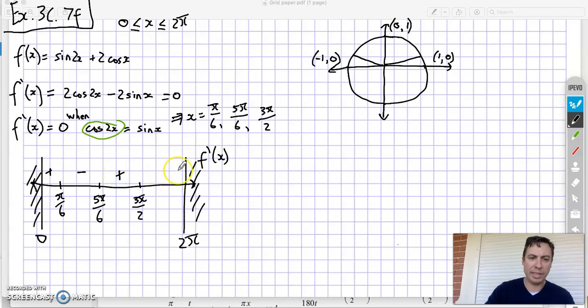Okay, now I need to test in here, and I think the easiest one to test is back on 2 pi. All right, so I need an angle in this space. It's got to be bigger than 3 pi on 2. And I'm going all the way up to 2 pi because these numbers are easy to work with, ones and zeros, right?